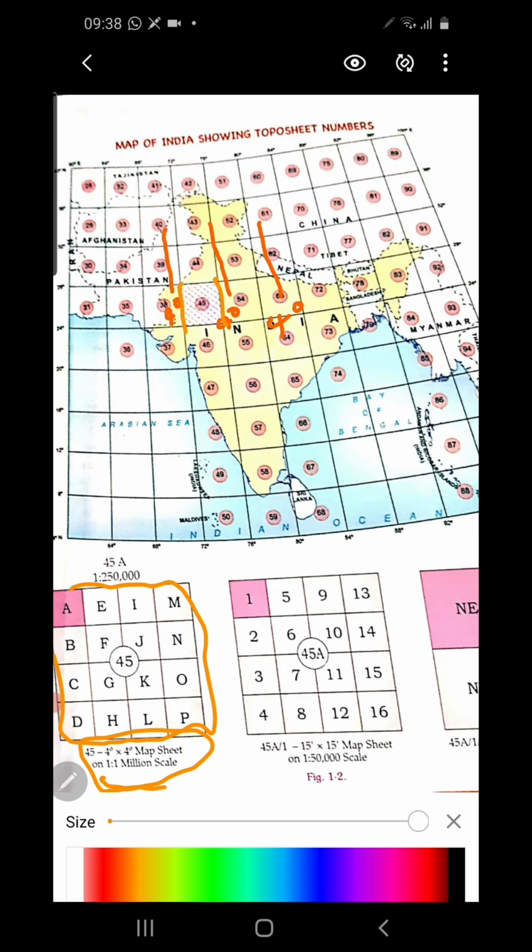Again, the subdivision of the 4 degree map. What is the subdivision of the 4 degree map? 45A is there, 45E is there, 45I is there, 45M is there. These are all the subdivisions of this million map.